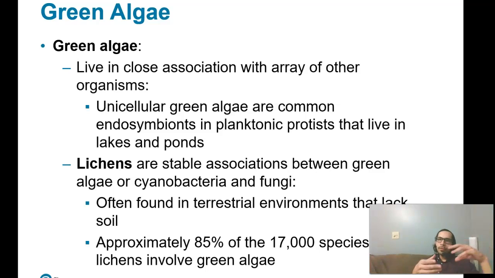When you have those associations, the organisms are called lichens. These are usually found in environments that lack soil. Approximately 85% of the 17,000 species of lichens involve green algae.